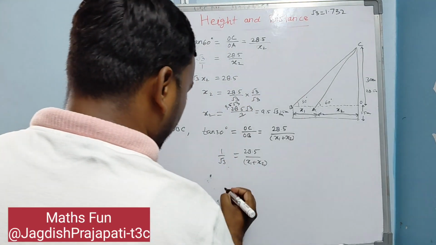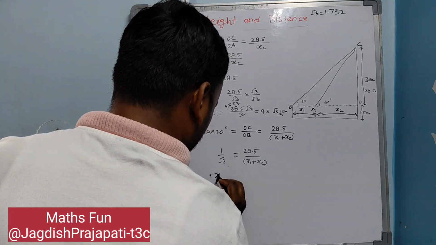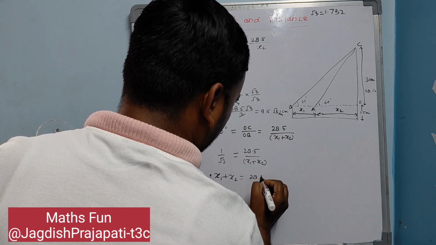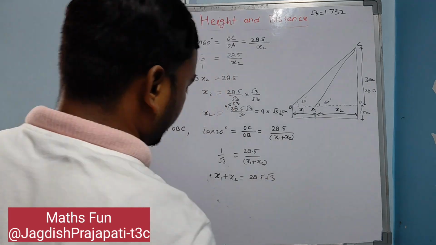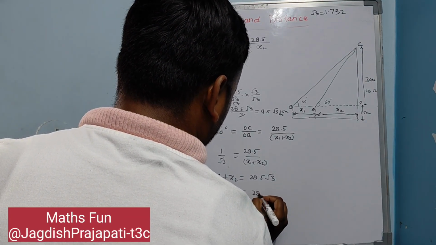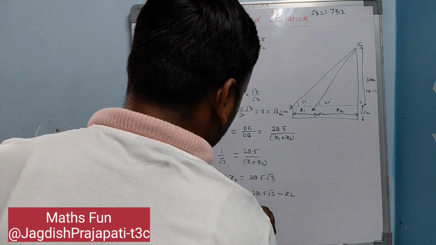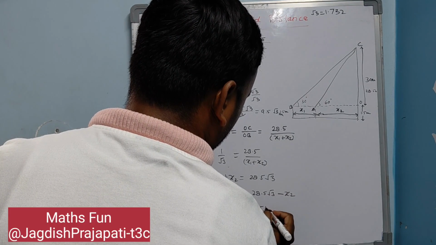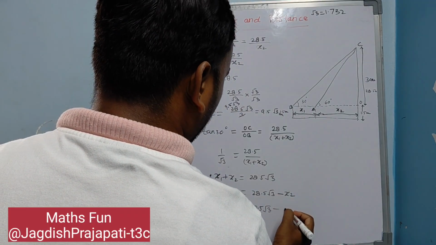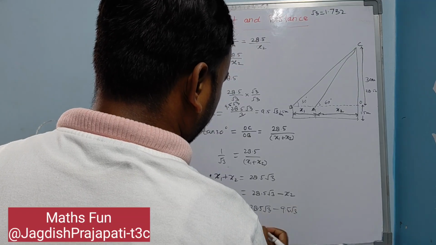Use cross multiplication, so x1 plus x2 will be 28.5 under root 3, and therefore x1 will be 28.5 under root 3 minus x2, and x2 is how much? 9.5 under root 3.